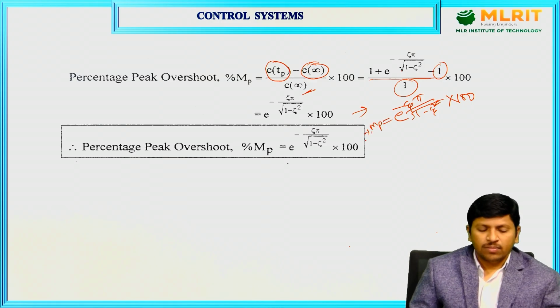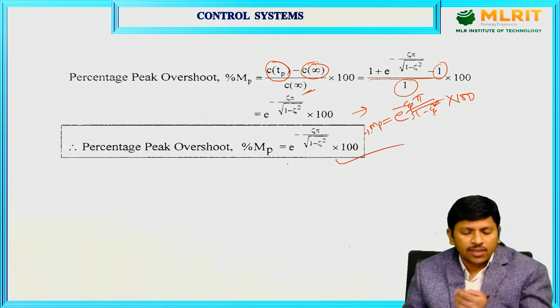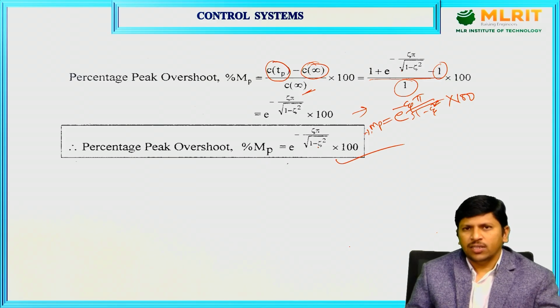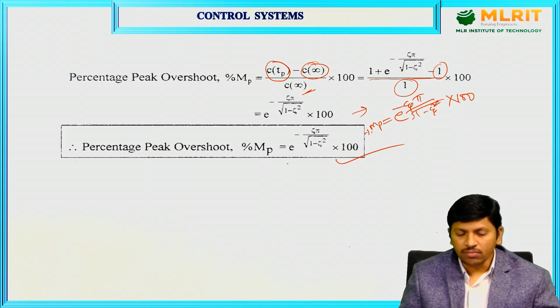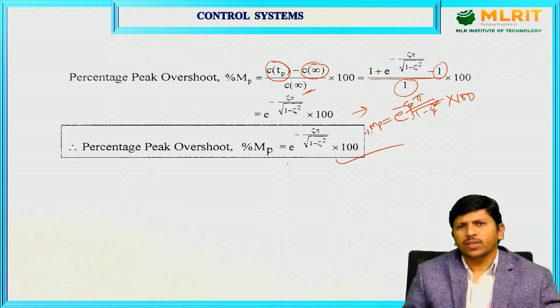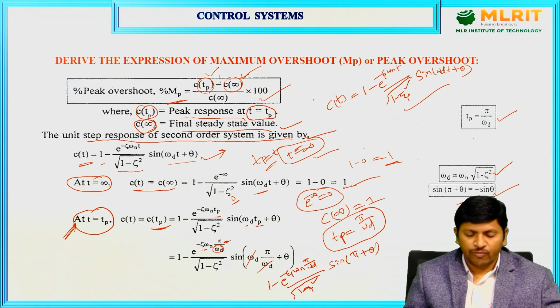Okay, this is a very important formula. The percentage peak overshoot equals e power of minus zeta π by under root 1 minus zeta square into 100. This is the maximum peak overshoot. Next, we followed this procedure for the calculation of the maximum peak overshoot.